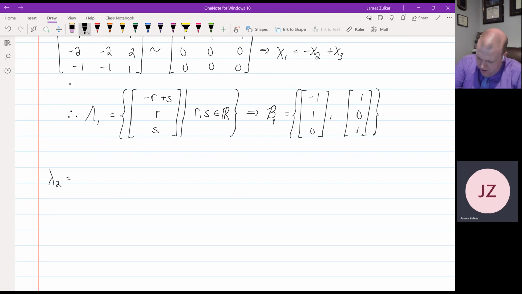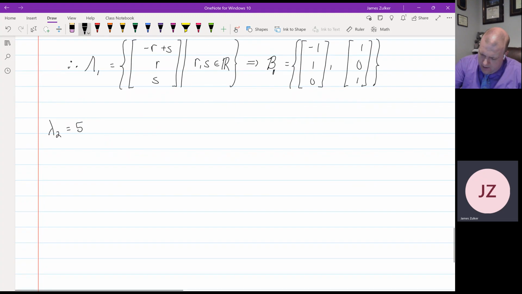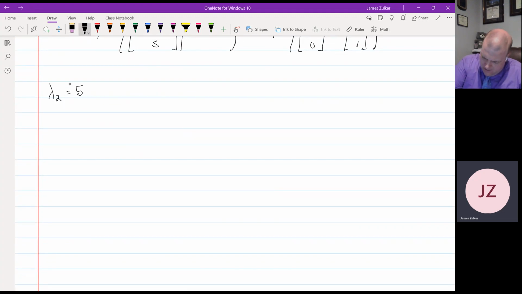Now we want to work with the eigenvalue 5. Okay, so we get this matrix, row reduce it.